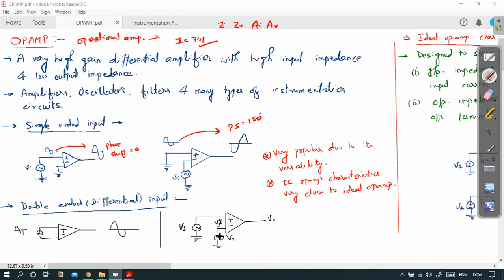The difference is Vd, so Vd equals V1 minus V2. V1 or V2 will not be amplified individually, but rather the difference, V1 minus V2, will be amplified and will come at the output terminal. This is one important thing, so take care of this.